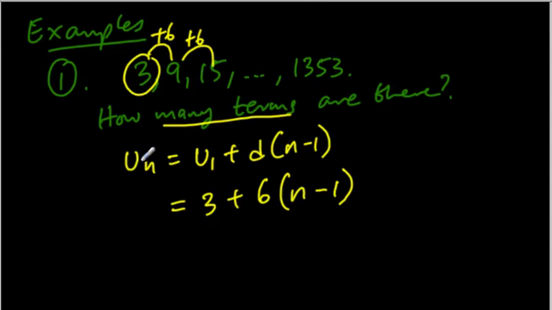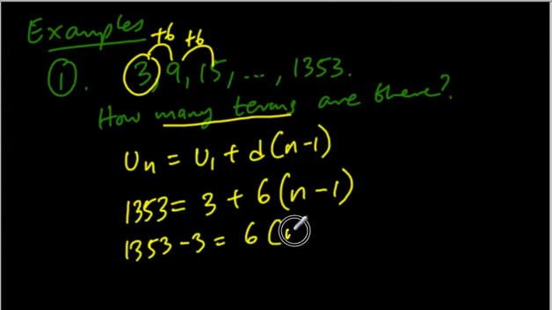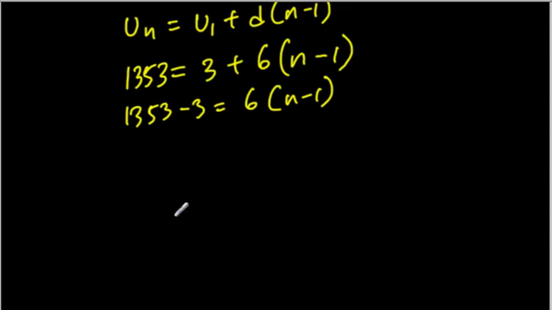And obviously un, like we said, is the nth term, but it can also be the last term. The last term here is 1353. If we plug in the last term over here, we can find out what position number it belongs to. So all we have to do right now is solve this. This is going to be 1353. I'm going to subtract 3 from both sides, so it's 1350 is equal to 6(n minus 1).